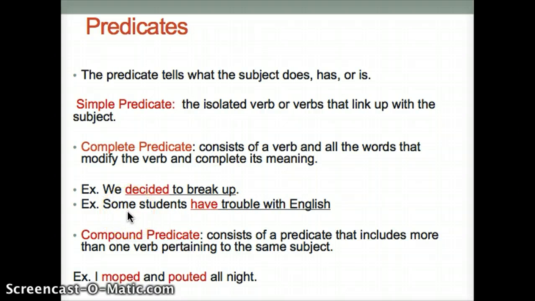And then second example, the subject of the sentence is some students, and then your predicate is have, and then your complete predicate is have trouble with English. Third example, I moped and pouted all night. I is the subject of the sentence, the one doing the action. And then the predicate is what is telling us about the subject, which is moped and pouted all night. So that would be your complete predicate.